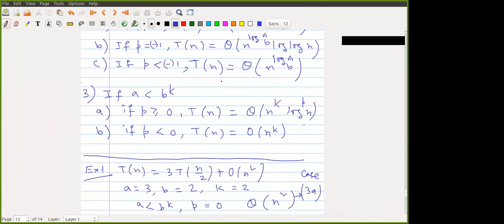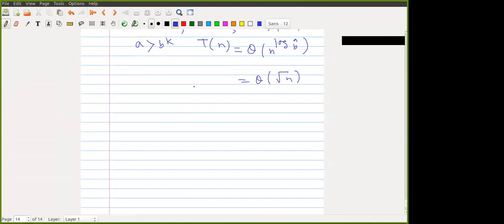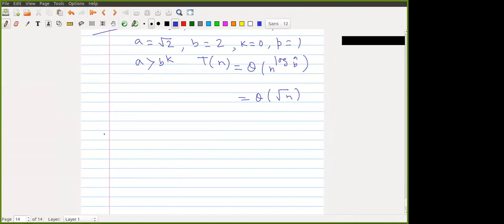Let's see one small thing. Example 3: T(n) is 2T(n/2) plus order n, so this is theta of n, and this will also turn out to be n log n.